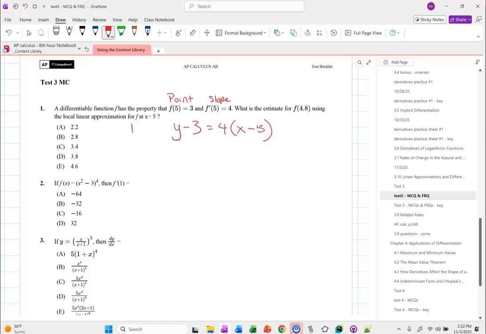So that's my tangent line for my linear approximation. If I want to find the linear approximation at 4.8, well, f of 4.8 is approximately that linear approximation, which is going to be 4 times (4.8 minus 5) plus 3. 4.8 minus 5 is negative 0.2, times 4 is negative 0.8, plus 3 is 2.2.